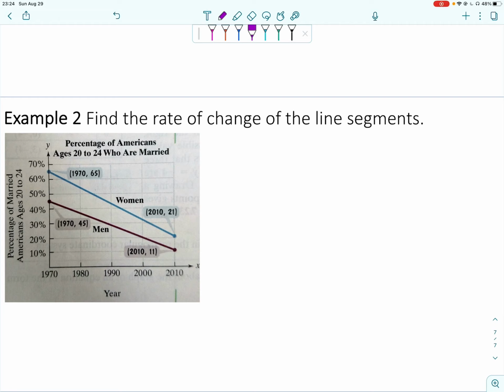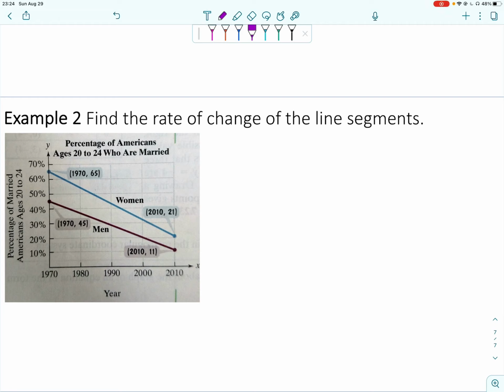So we've got two different groups of people. And on the x-axis, we have the year. And then on the y-axis, percentage of married Americans ages 20 to 24. So it looks like we're looking at how the percentage of people in their early 20s has changed as time has gone by.